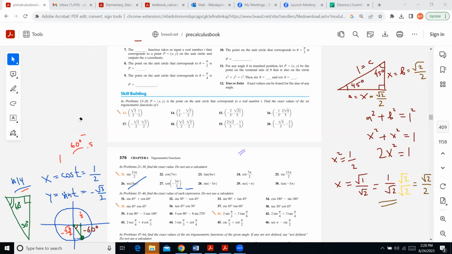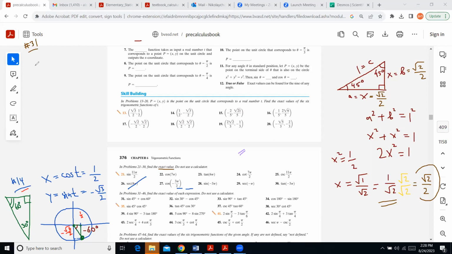What they want is the so-called exact value, which means without a calculator, which means it has to be with these square roots. Because you can put this in the calculator and you will get some kind of decimal, but that's not what they want. They want these radicals to be present. Okay, we'll have them present.